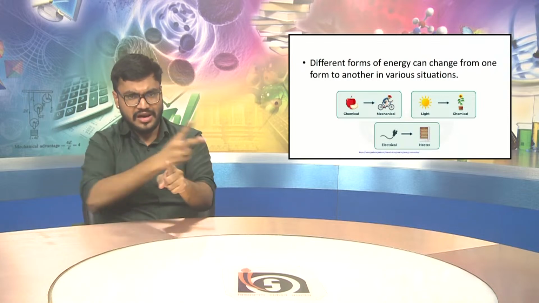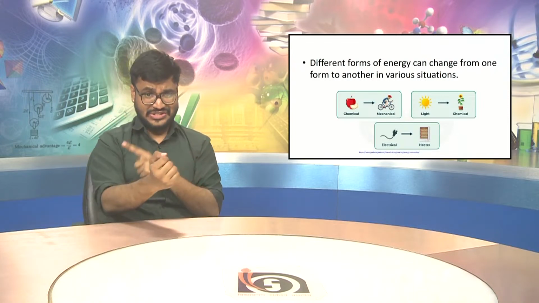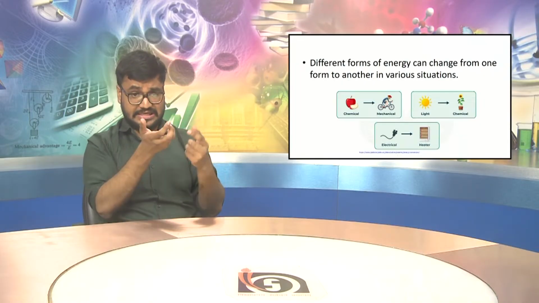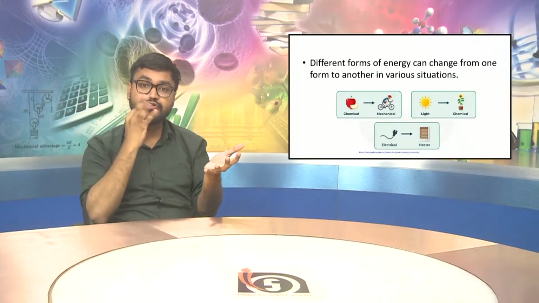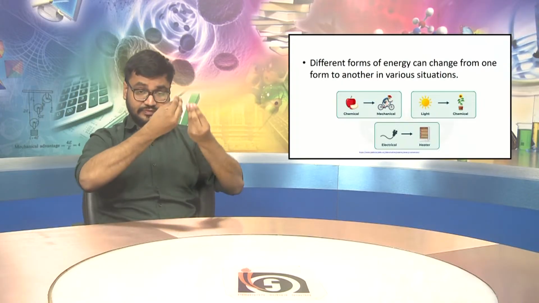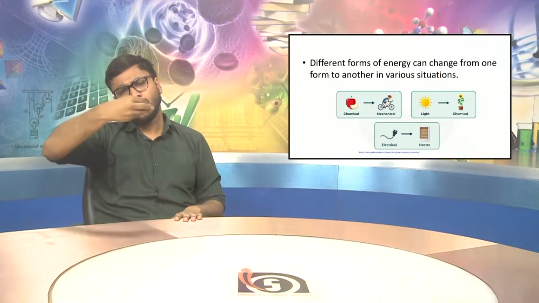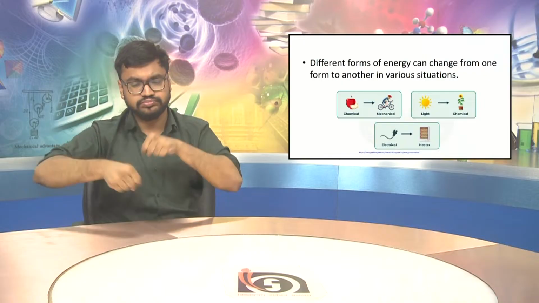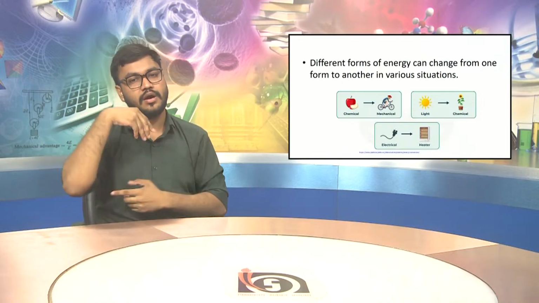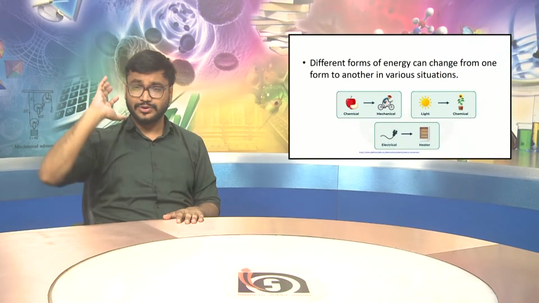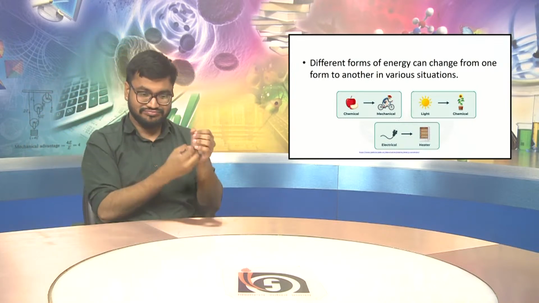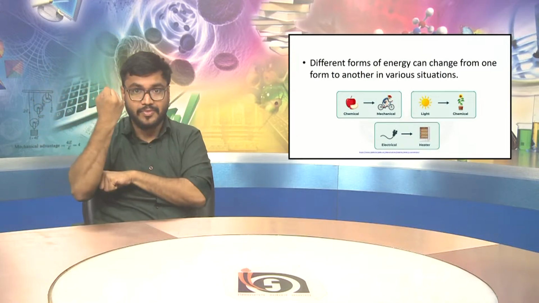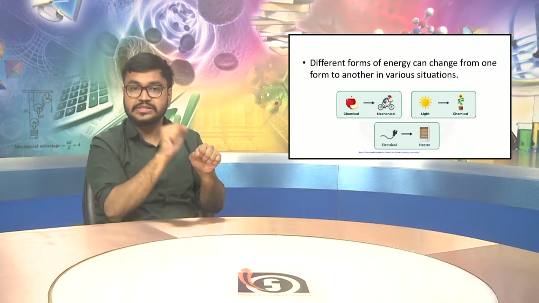Different forms of energy can change from one form to another in various situations. Like eating an apple. Eating an apple gives chemical energy, and after eating that we get the energy, so we do some work like riding a bicycle, which is called mechanical energy.